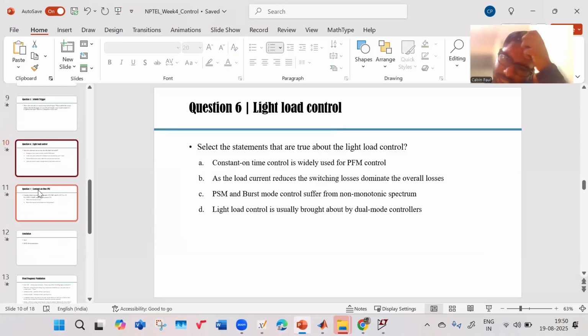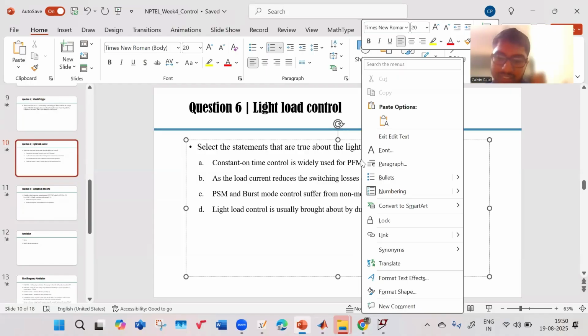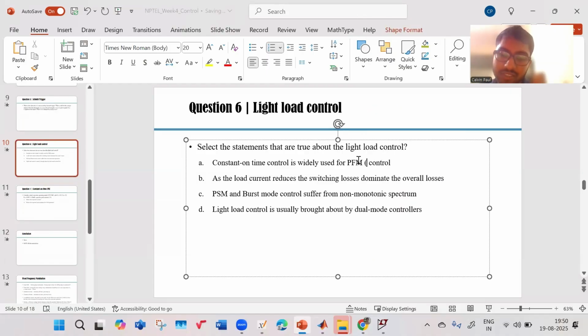For light load control, constant on-time control is widely used. PFM is pulse frequency modulation. What happens is you're changing the frequency, which is what is happening in your constant on-time control.